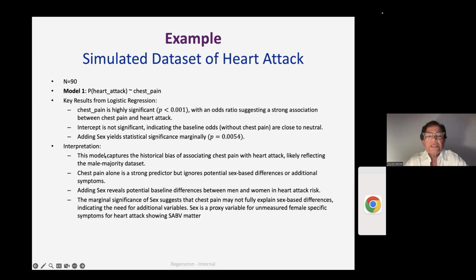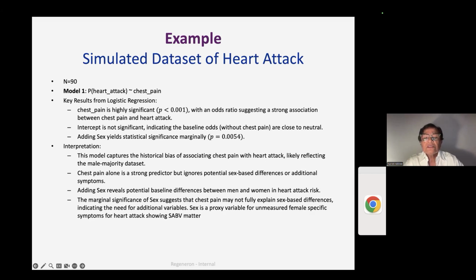So the interpretation is that this model captures the historical bias, for example, associating chest pain with heart attack. Basically, this is reflecting the male-majority data set. So chest pain alone is a strong predictor, but it ignores potential sex-based differences or additional symptoms. Adding sex revealed a potential baseline difference between men and women in heart attack risk.